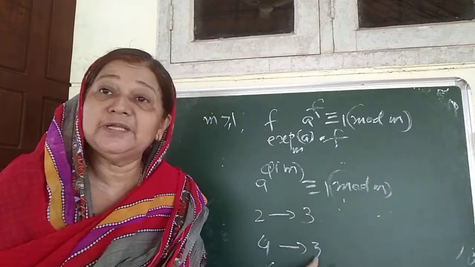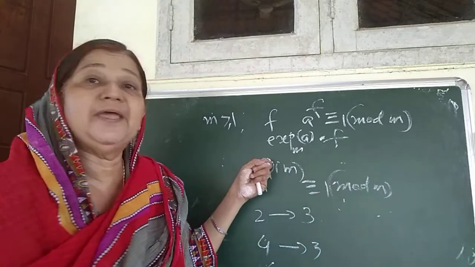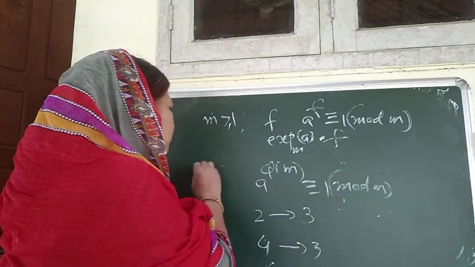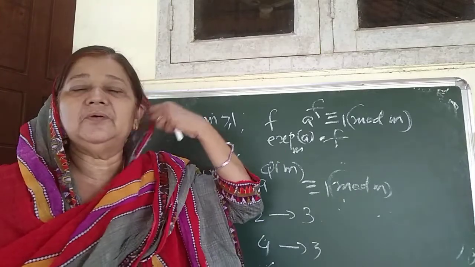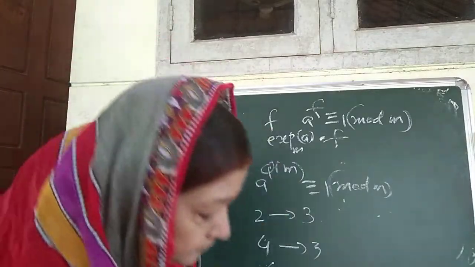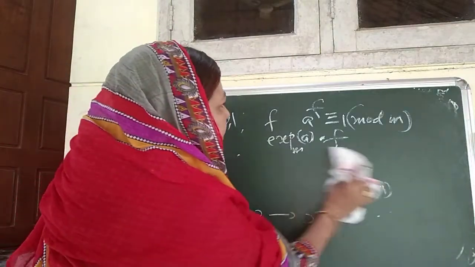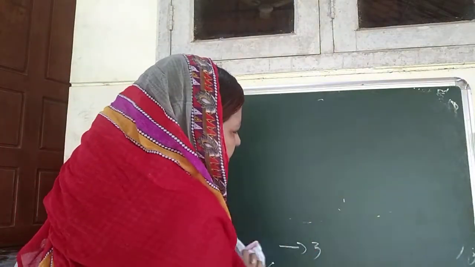All these exponents are divisors of phi of m. Phi of m equals 6 here, if m equals 7.